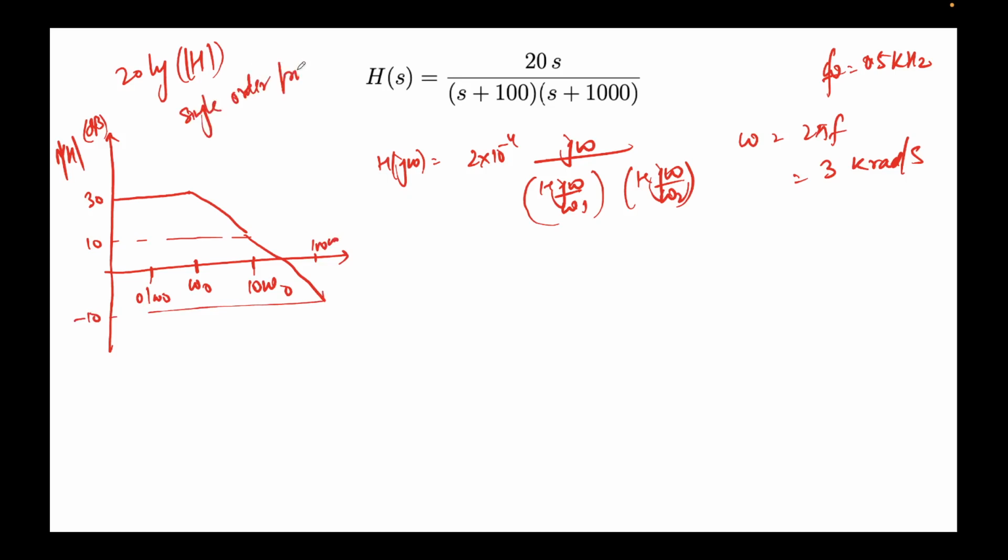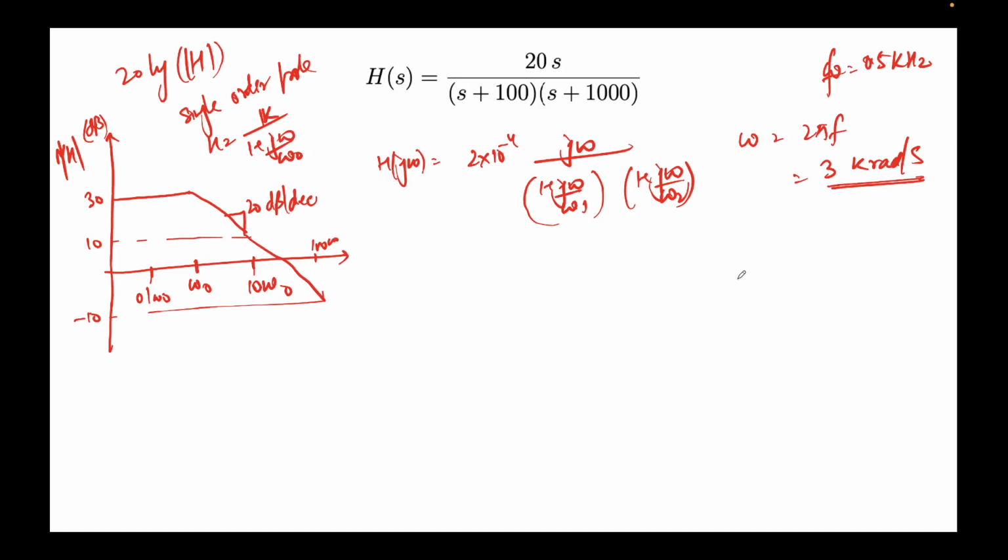Single order pole means the expression is something like this: k over 1 plus j omega by omega naught. So you can see the slope here is 20 dB per decade because there is only one pole, a single pole. Okay, so we just need to compare the given frequency with the 3 dB frequency. The given frequency here is 3 kiloradians per second.